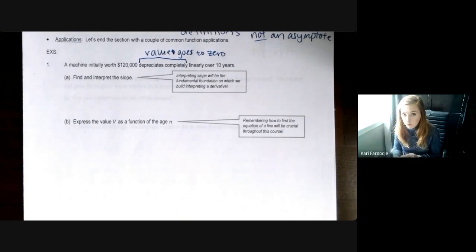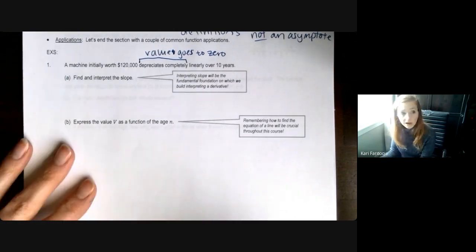Now, there are 2 ways of doing this. One is just a little bit more of like you using your mathematical reasoning and coming up with a slope, which I can't really teach you that skill. So the skill that I'm going to teach you is to find the 2 points that are going to dictate your slope.